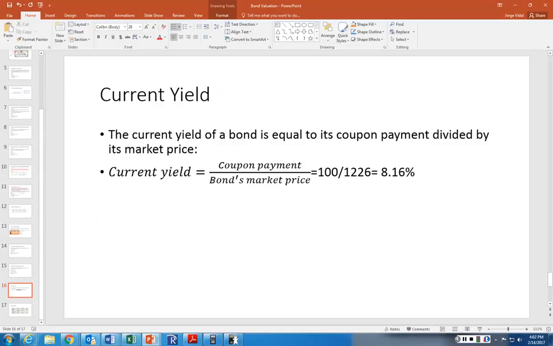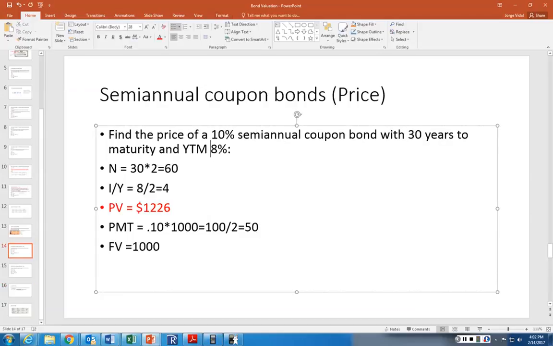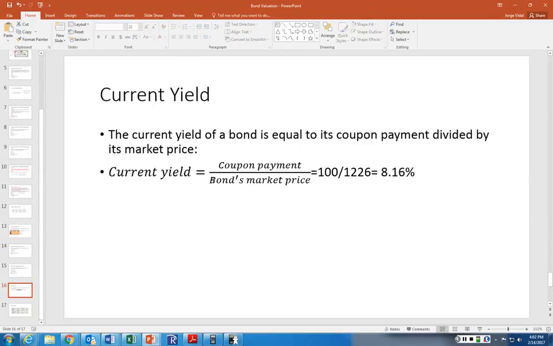Okay. Now sometimes it may be equal to the YTM. Most of the time it isn't, just because prices fluctuate on a daily basis. But for this bond, the YTM is 8%, the yield to maturity, and the current yield is 8.16%.